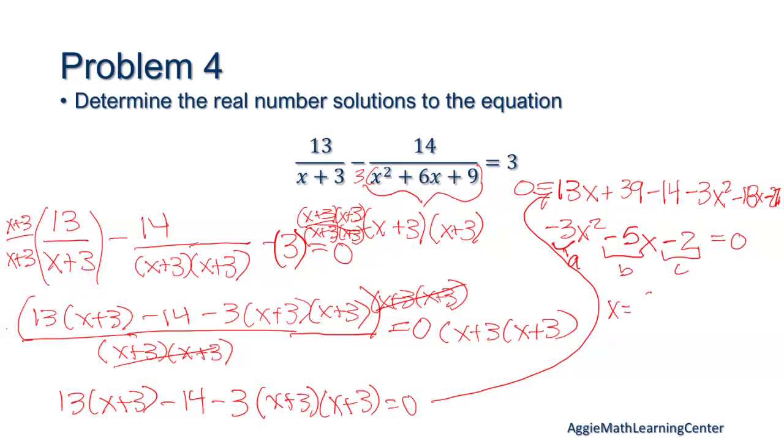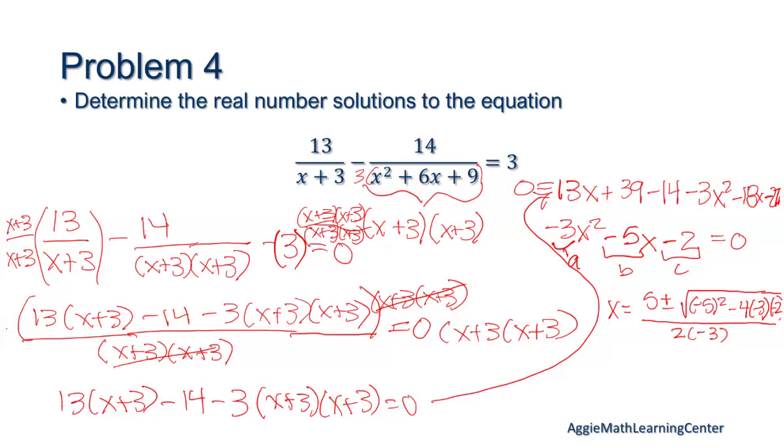5 plus or minus square root of negative 5 squared minus 4 times negative 3 times negative 2, over 2 times negative 3.